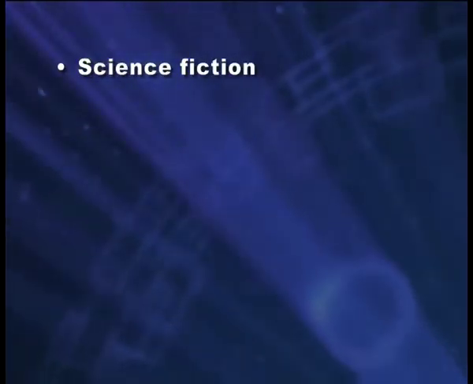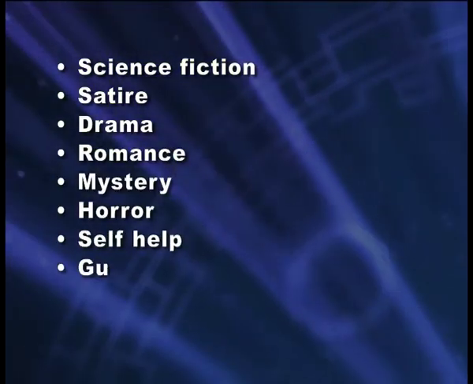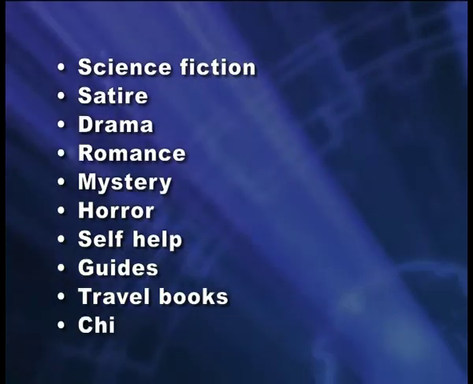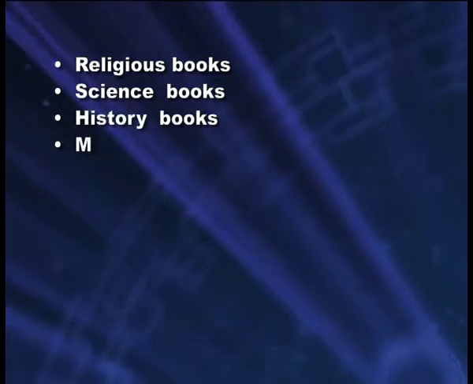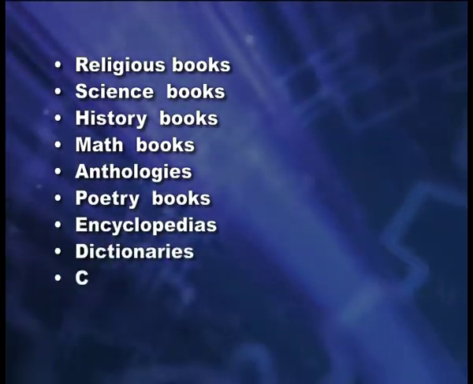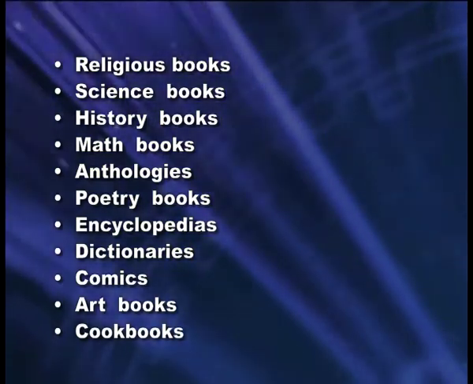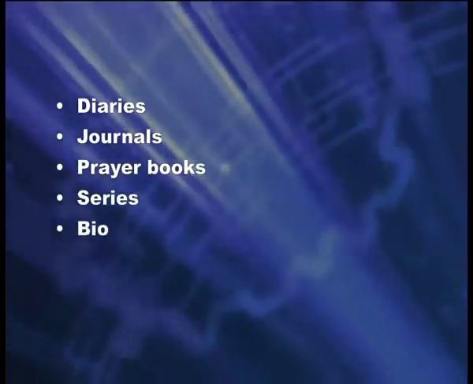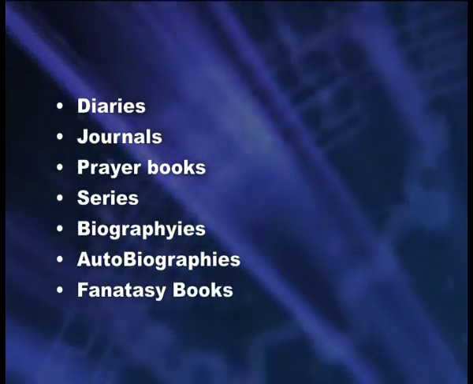Science fiction, satire, drama, romance, mystery, horror, self-help, guides, travel books, children's books, religious books, science books, history books, math books, anthologies, poetry books, encyclopedias, dictionaries, comics, art books, cookbooks, diaries, journals, prayer books, series, biographies, autobiographies, and fantasy books.